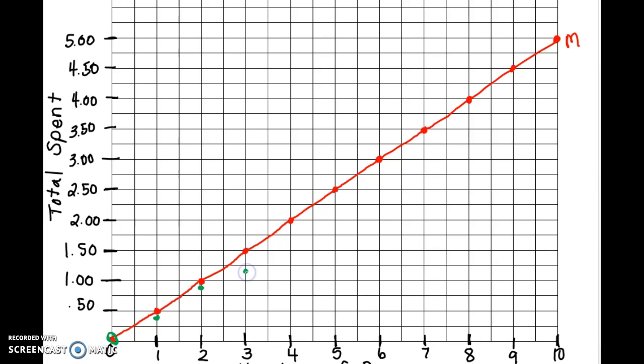So the line is 125, so I know it's going to be below the line. What about 4? 160. All right, what about 5? $2 even. So that helps. Oh, I messed up. I put it on the wrong spot. $2.